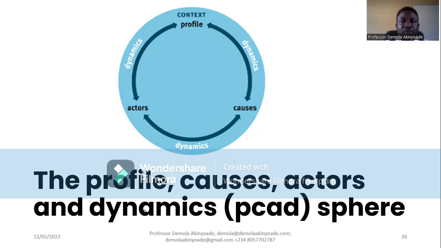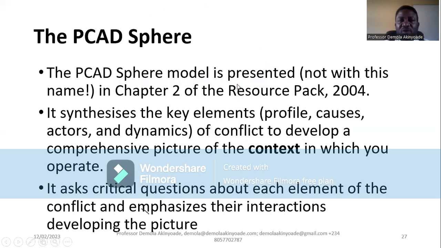So, profile. Let's look at profile. Under this PCAD sphere, which I also called a meta tool because it helps us to gather general information, and then we can now use specific conflict analysis tools to do detailed analysis.